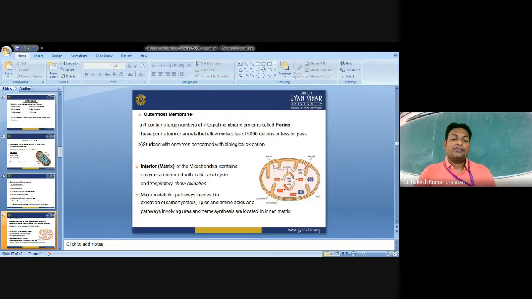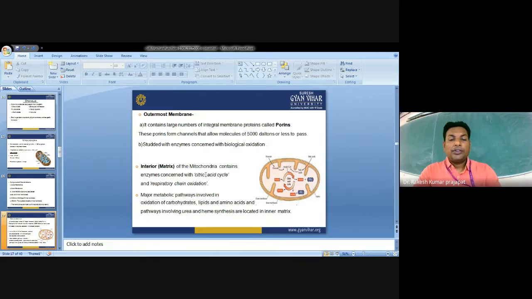Second is the citric acid cycle, which occurs in the mitochondrial matrix. Third is the electron transport chain. Most of the enzymes involved in the citric acid cycle are present in the interior of the matrix.